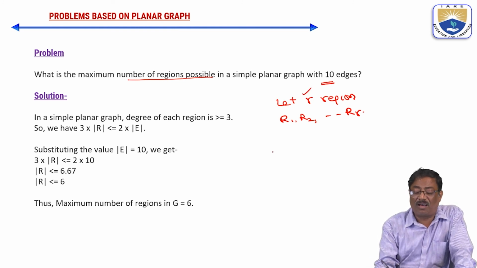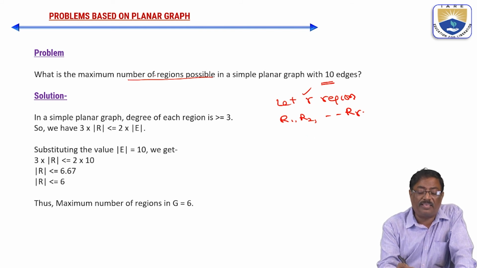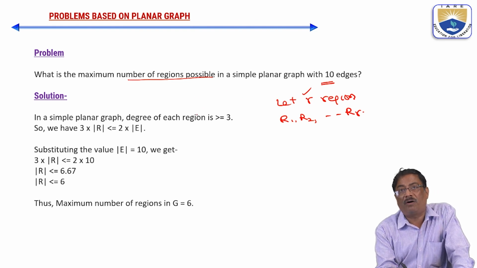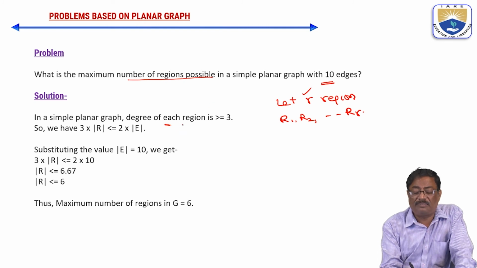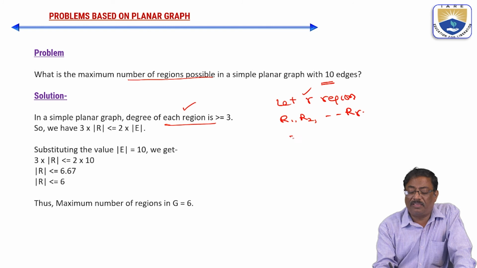What is that r? Since it is a simple planar graph, each and every region is formed by at least 3 edges, so each region's degree is 3.